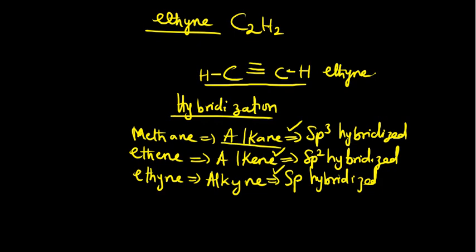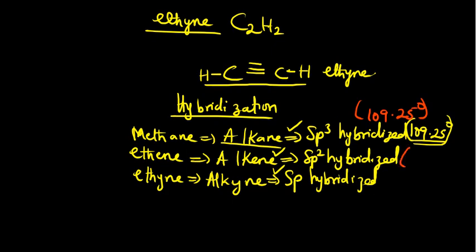So what is the shape of alkane? If they ask you what's the bond angle of alkane, the bond angle of alkane is 109.5 degrees. Please take note of that. Let me use a different color. 109.5 degrees. So that's the bond angle for the alkane, that is sp3 hybridization.